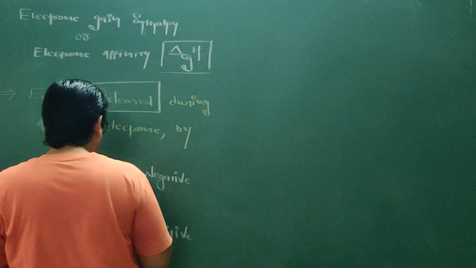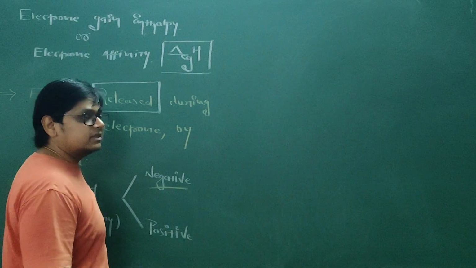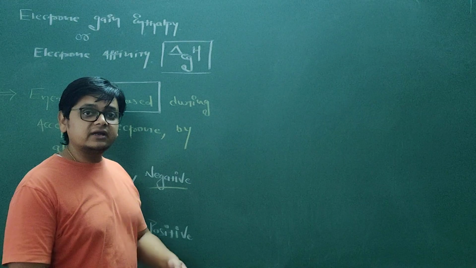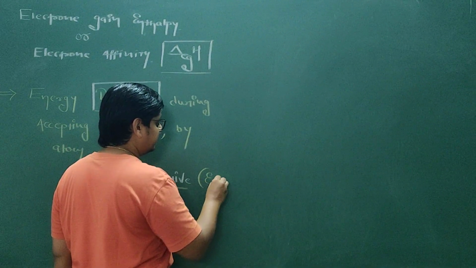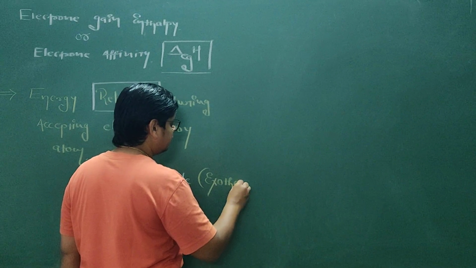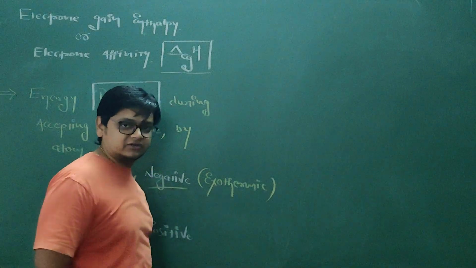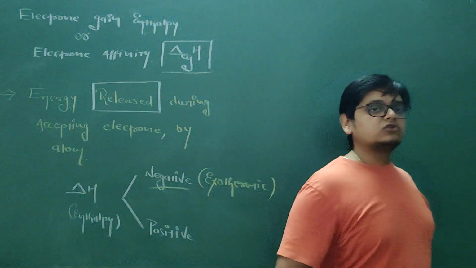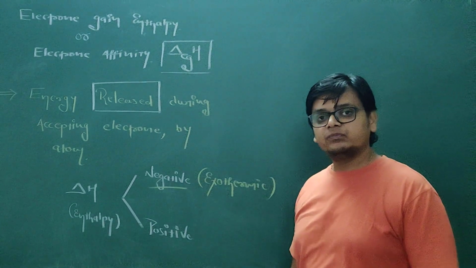If delta H is negative, what does it mean? It means that energy is released during the reaction, and that's why we can say it is an exothermic reaction. So whenever delta H is negative, don't consider it mathematically.